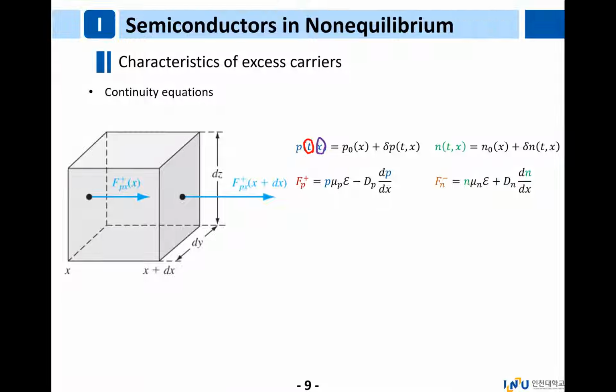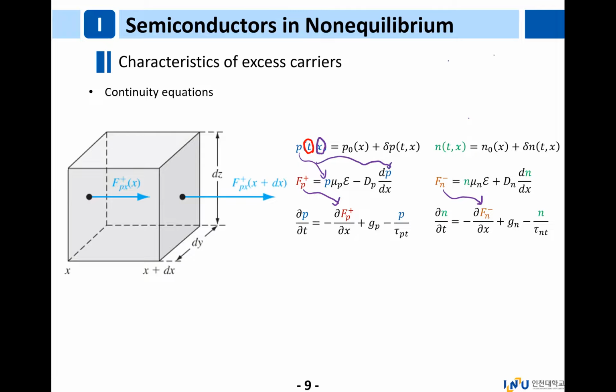Therefore, attempting to substitute this expression into the continuity equation, using here and here, when using these expressions and solving out the continuity equation becomes complex and difficult by hand, right?